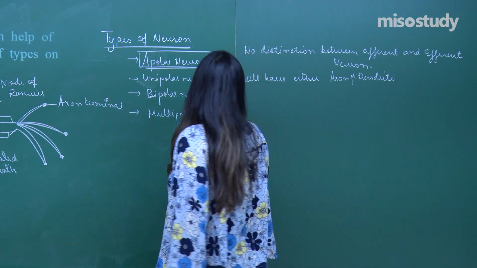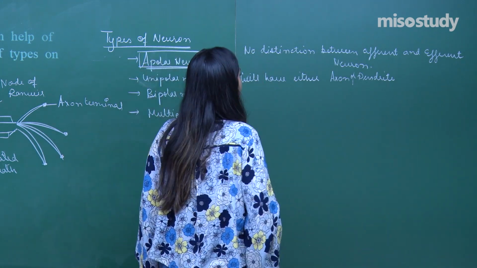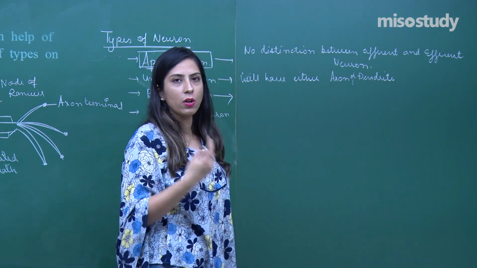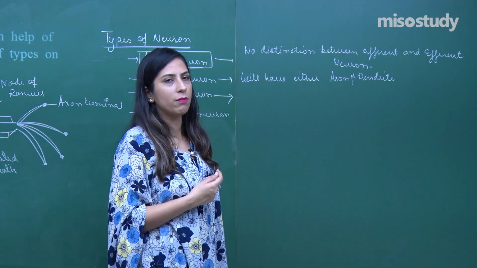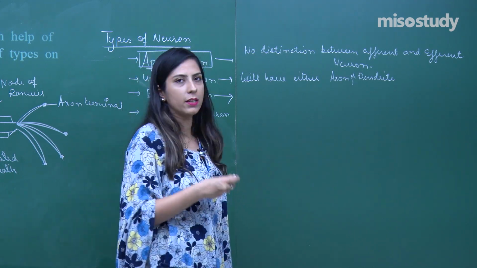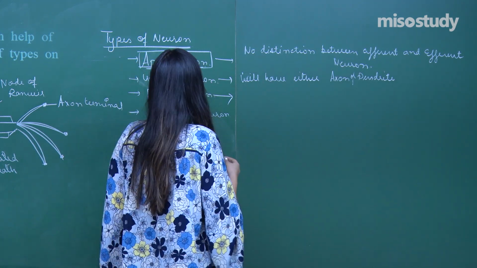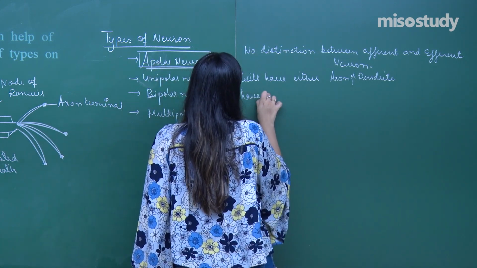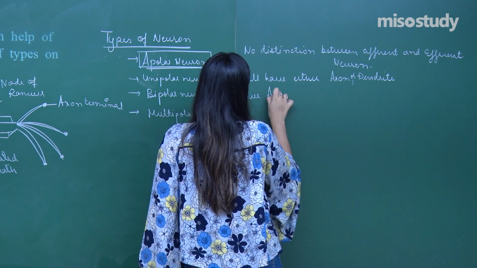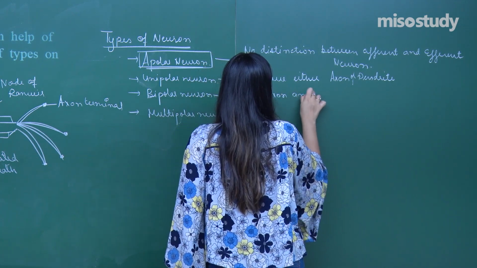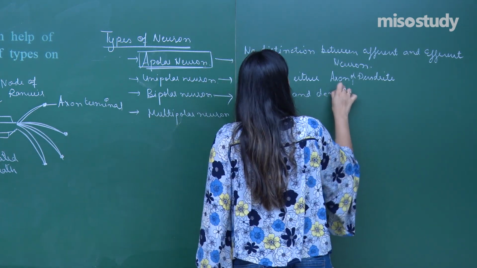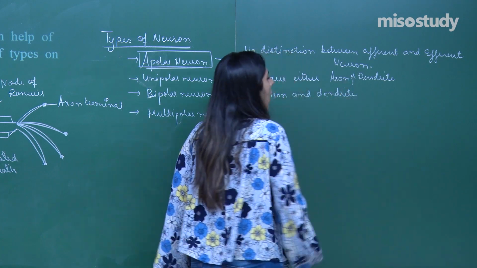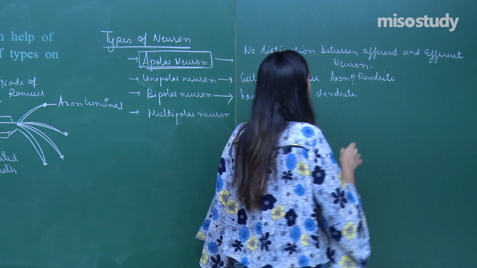To talk about a bipolar neuron, it is the neuron which is present in the retina of our eye. They are also present in the olfactory nodes. So they have both axon and dendrite, both are present, and they are present in the retina of the eye.